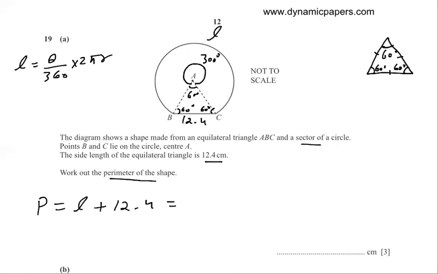The angle that this arc makes at the center. 300 over 360 multiplied by 2 into pi, which is 3.142, r is 12.4, because this is 12.4, this is 12.4. For perimeter, the inner side we will not take, but this outer side 12.4 we already have.